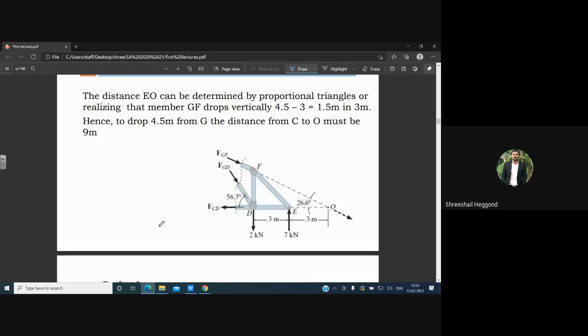Hence, to drop 4.5 meter from G, the distance from C to O must be 9 meters. C to D is 3 meter and D to E is 3 meter, and the imaginary next triangle will be a 3 meter extension, so this 3, this 3 and this 3 total will be 9 meters.